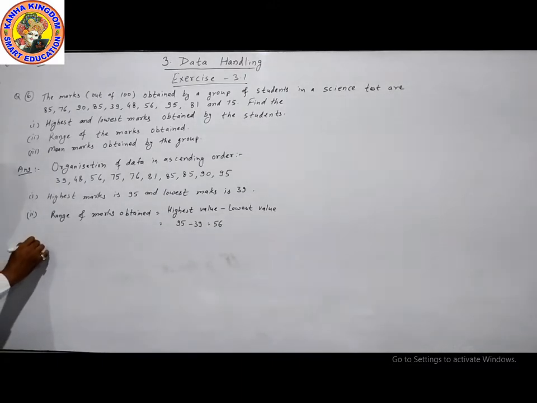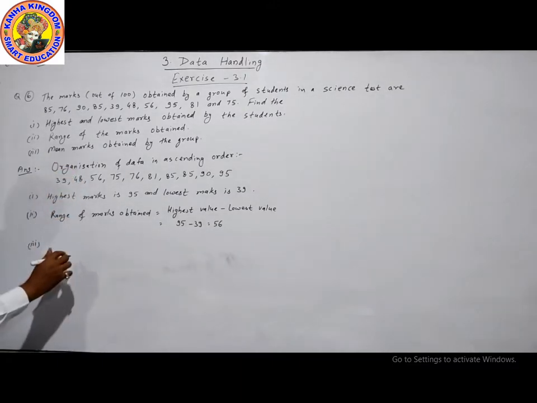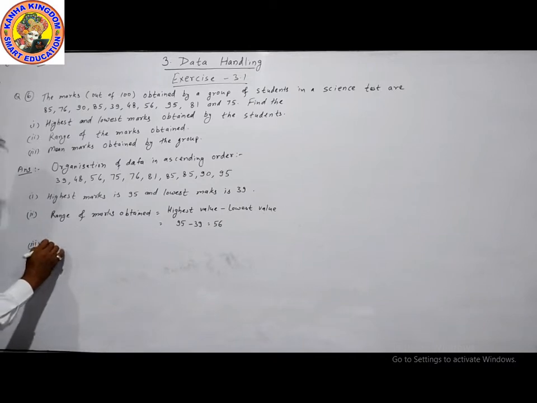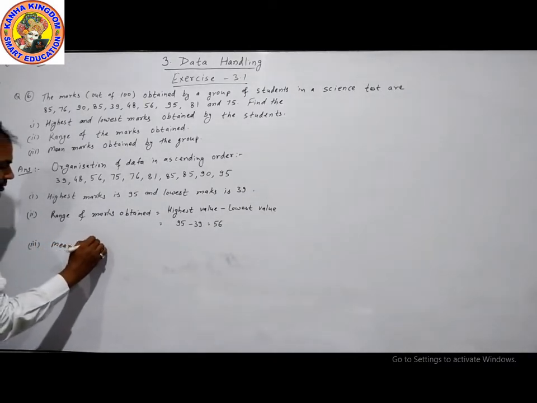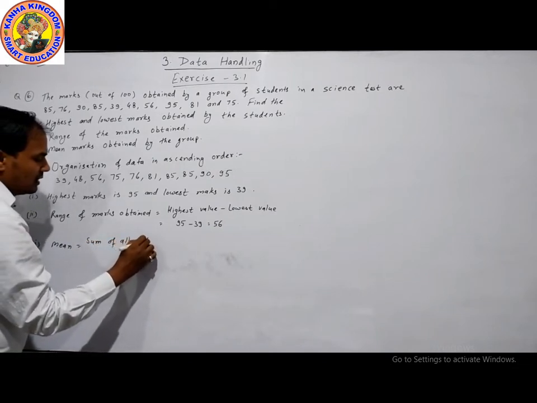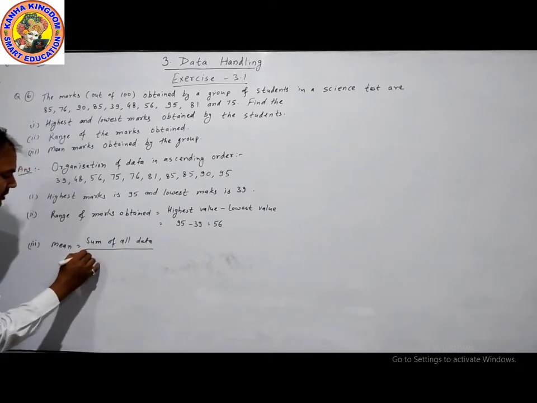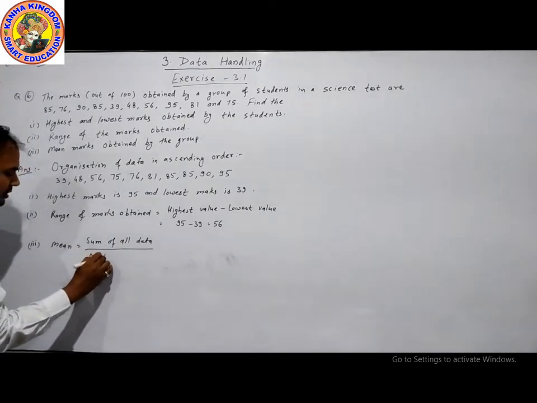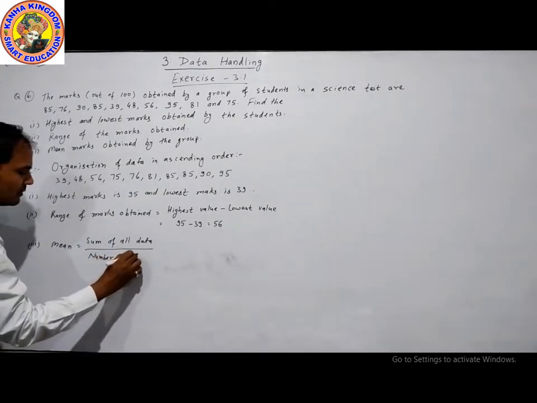Now taking question number three, mean marks obtained by the group. Mean is equal to sum of all data divided by number of data.